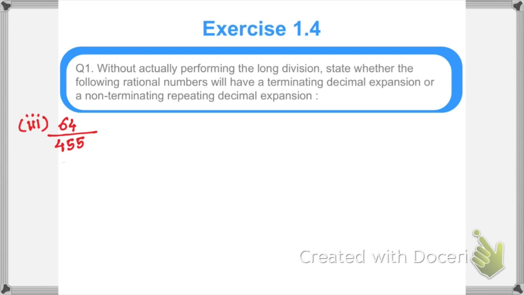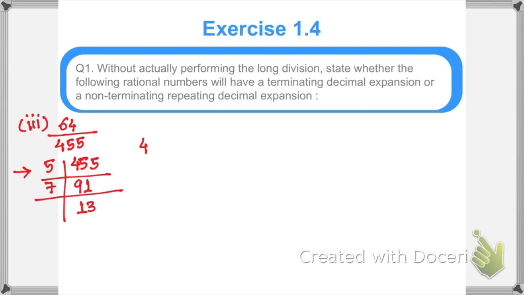Performing the prime factorization for the denominator, that is 455, we will get, starting with 5 9s are 45, 5 1s are 5. Now again it won't be divisible by 2, 3 and 5, so the next prime factor, that is 7, we will divide it by 7 and we will get here 13.